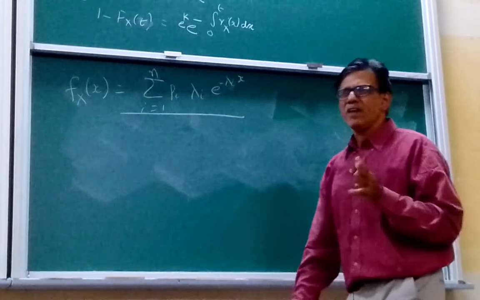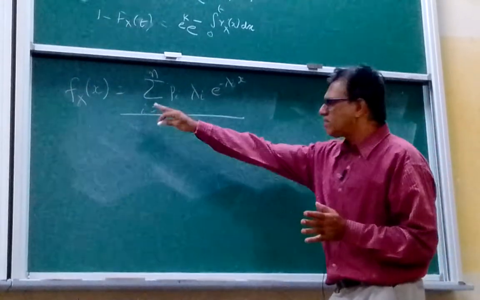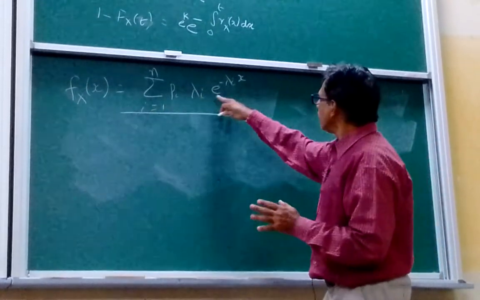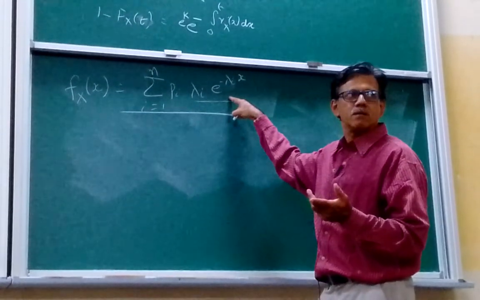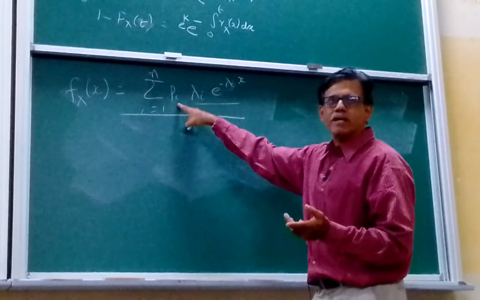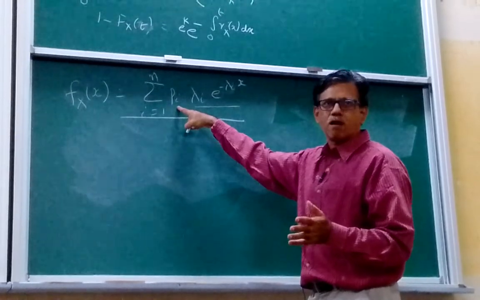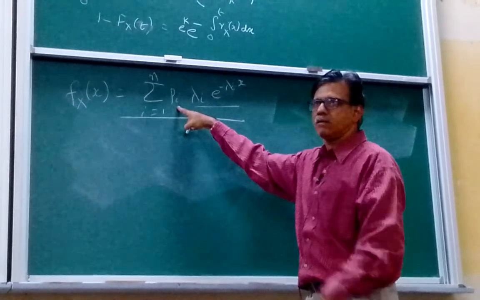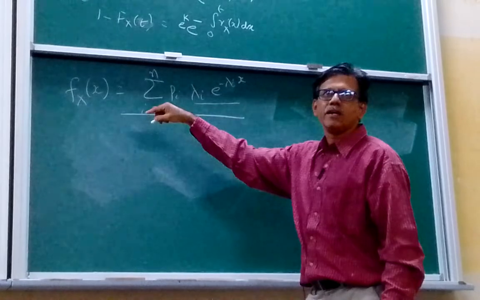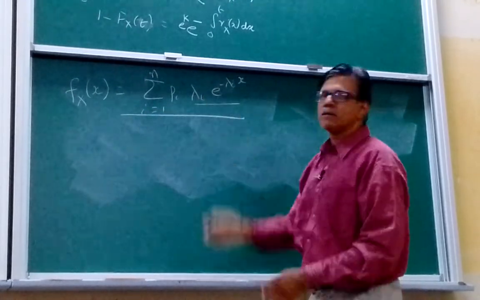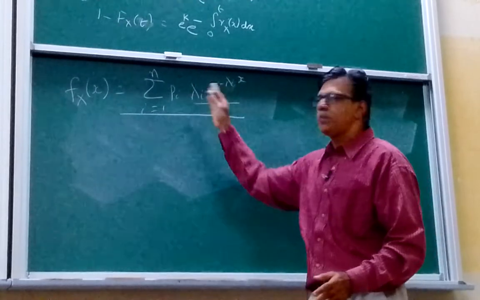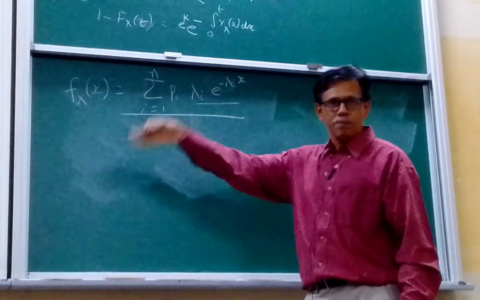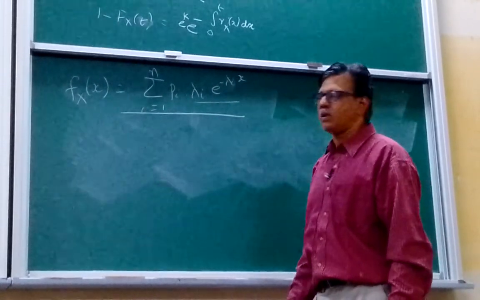It takes a very simple form. What is its density function? This alone is the density function of the Xi. You just multiply it by the probability that X becomes Xi and then sum it over. It is the weighted summation of the density functions of the individual random variables, weighted being the probability that X will be that particular random variable Xi.